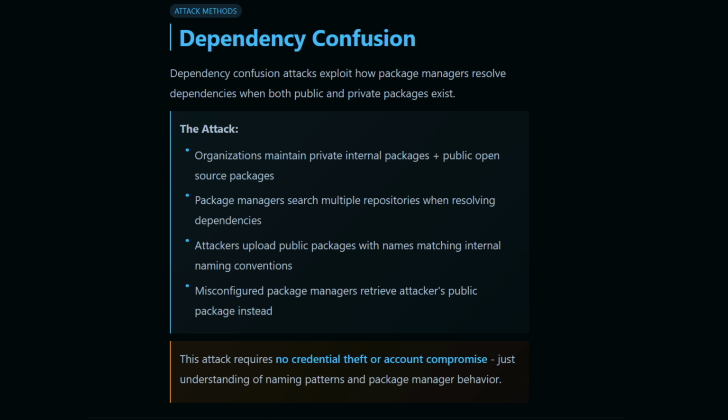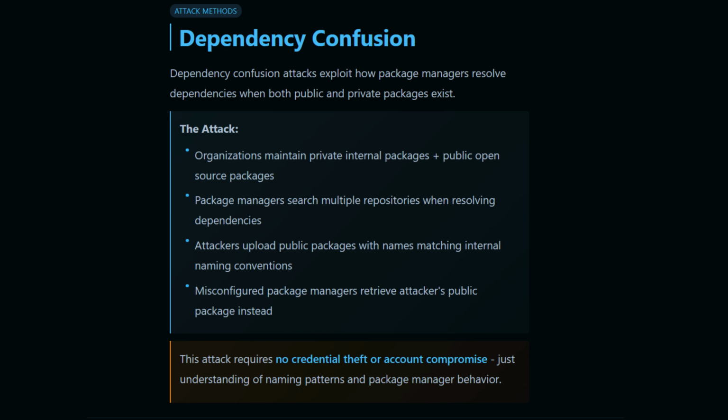Dependency confusion attacks exploit how package managers resolve dependencies when both public and private packages exist. If a developer specifies a dependency name without explicitly indicating it's from a private repository, the package manager might retrieve a public package with the same name instead of the intended private one.